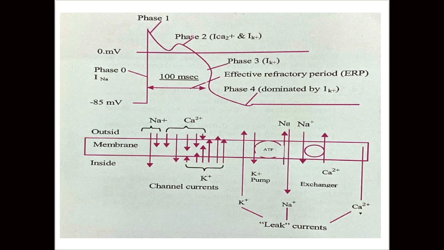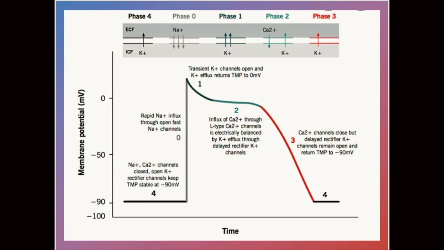You see phase 0 is basically the rapid upstroke where the voltage gated sodium channels open. Now we actually are looking at the relation of the opening and the closing of different membrane channels in relation to the myocardial action potential.